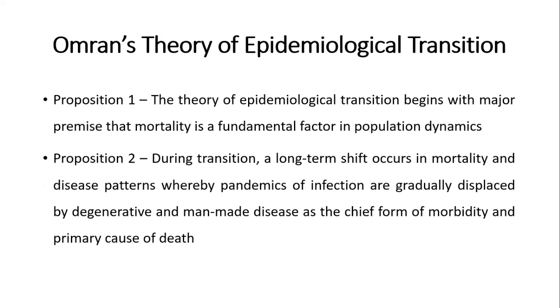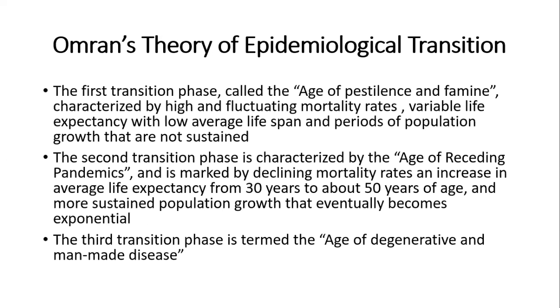Why is this shift there? Because as I said, life expectancy changes, and thereby pandemics of infections are gradually displaced by degenerative and man-made diseases as the chief form of morbidity. What are these degenerative diseases? These are geriatric problems. And man-made diseases are, as I said, lifestyle diseases, because we are not involved in much physical activity.